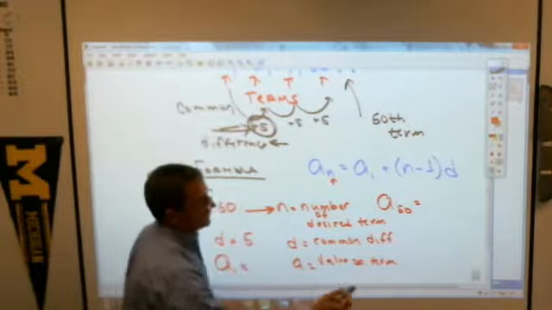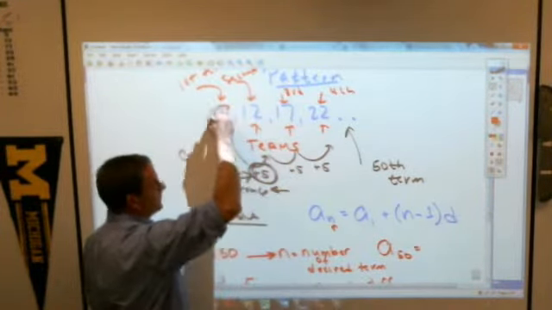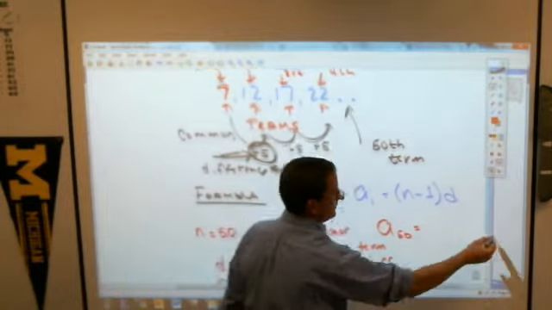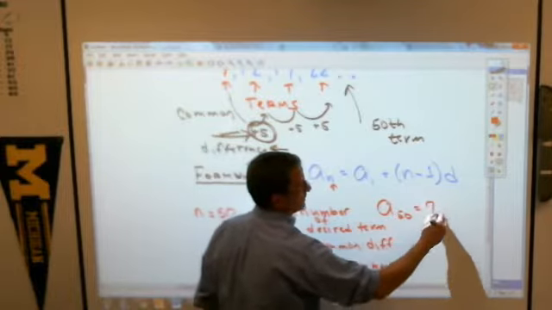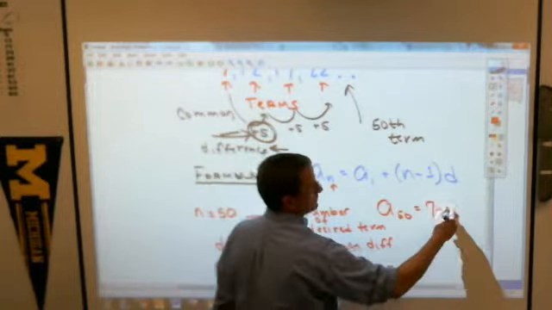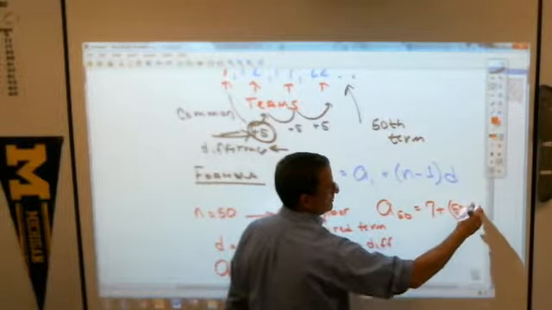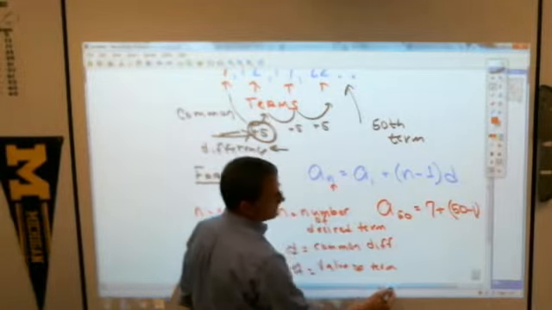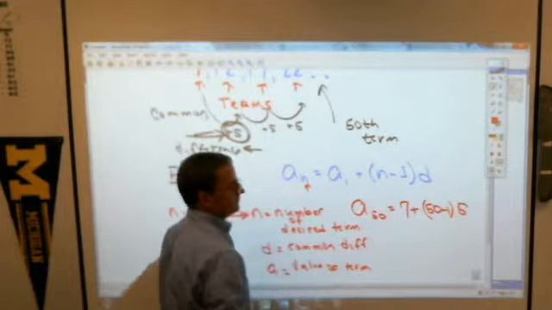What is a sub 1? What was the first term? 7. So you put 7 in for a sub 1, plus, we know n is 50, minus 1, times whatever the common difference is, which is 5.